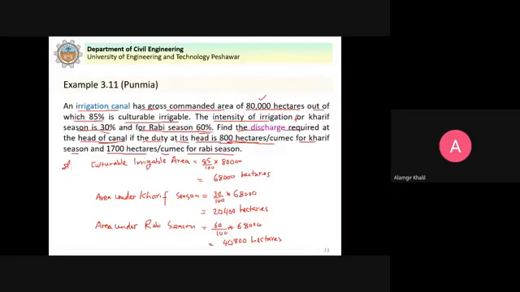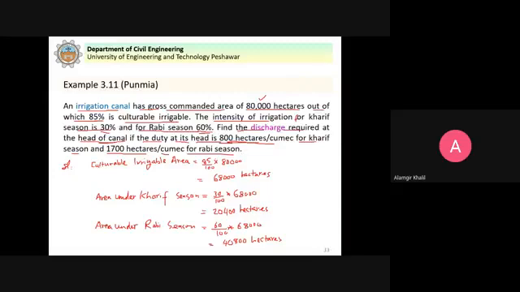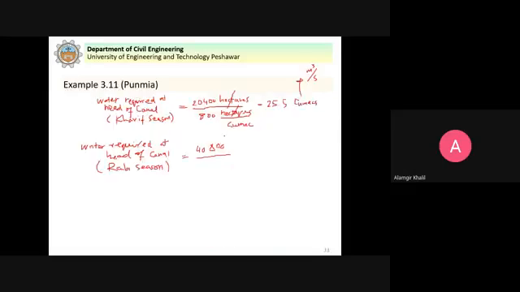That is 40,800. And what is the duty? 1700 hectares per cubic for Rabi season. So this is equal to 24 cubics.